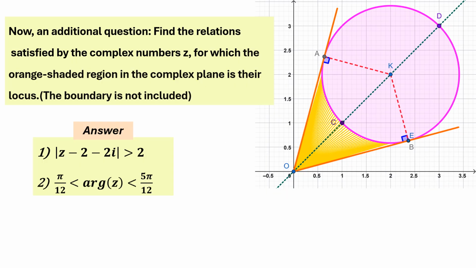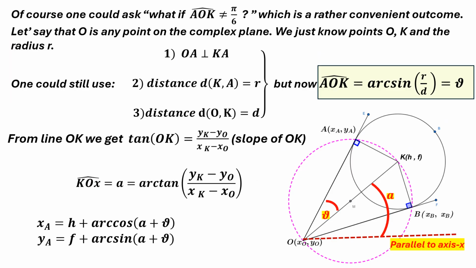In this page there is an additional question. Of course one could ask, what if vertex O was not pi/6 radians? Which is a rather convenient outcome.